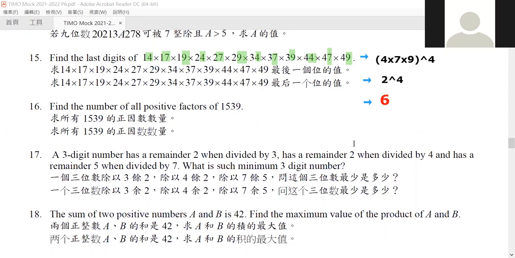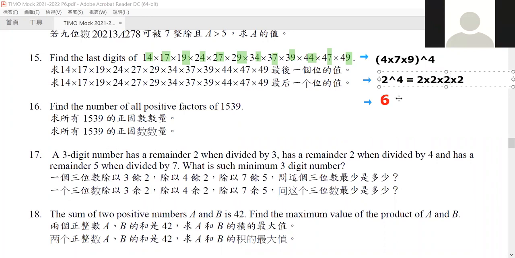Okay, let's go to our question 16. Find the number of all possible factors of 1, 5. 4 times 2 equals 8, teacher. Excuse me? The teacher, 4 times 2, is it 8? No. Why? Because what does that mean? This means 2 times 2 times 2 times 2.